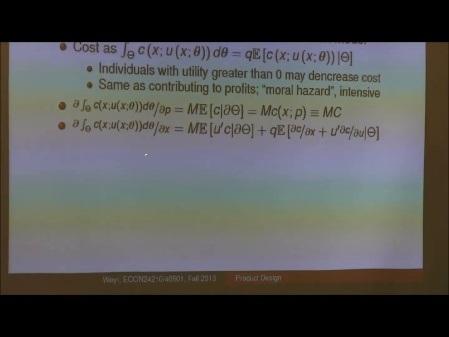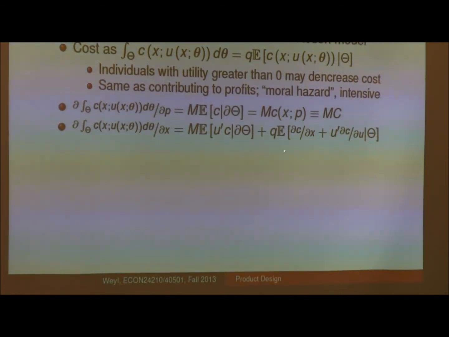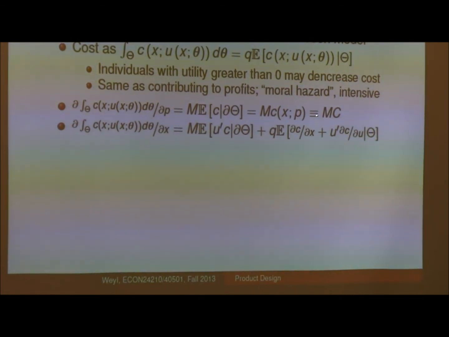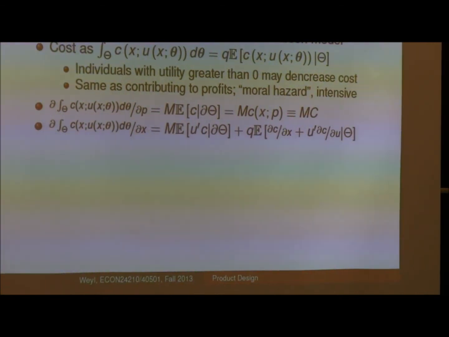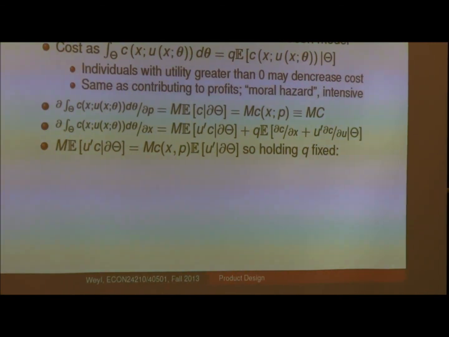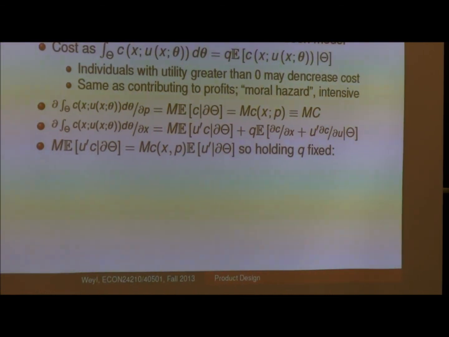But when you take the derivative with respect to the non-price characteristic, that will impact both the people you get on the margin, proportional to their marginal utility, but also it will impact the cost of the inframarginal consumers by changing their utility as well as directly changing the cost of serving them. Because changing their utility changes the cost.